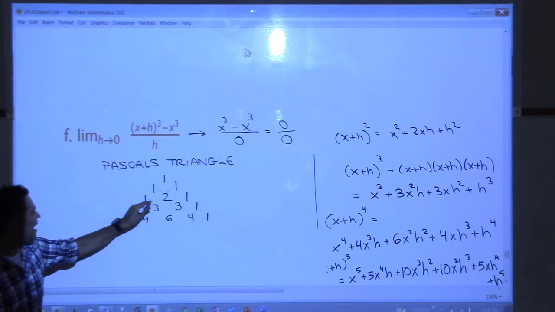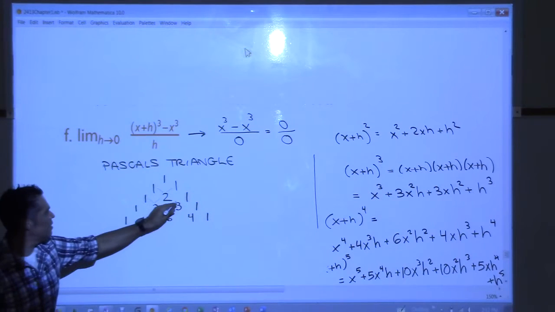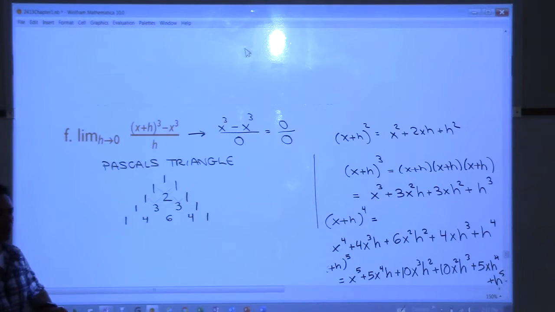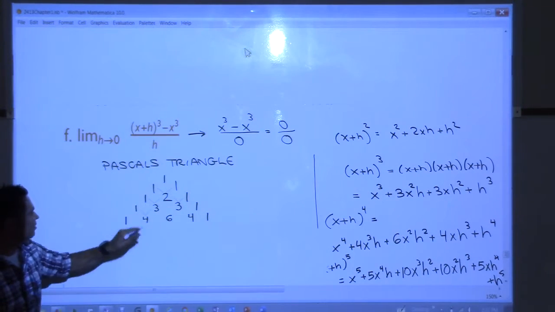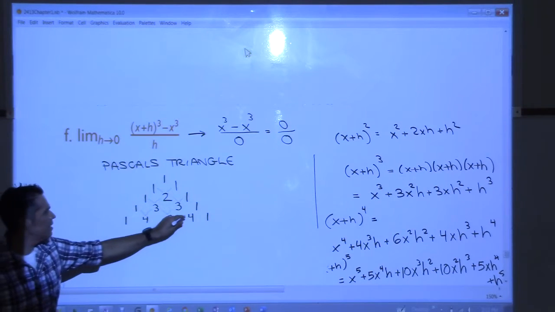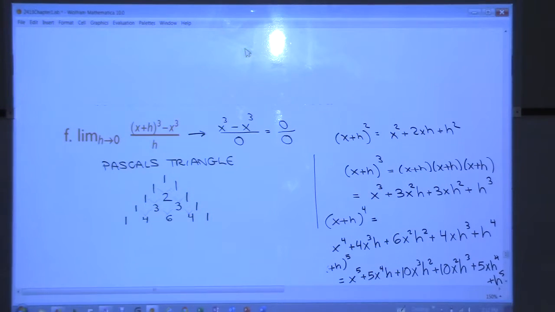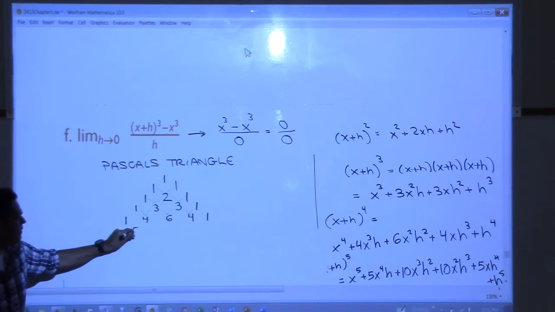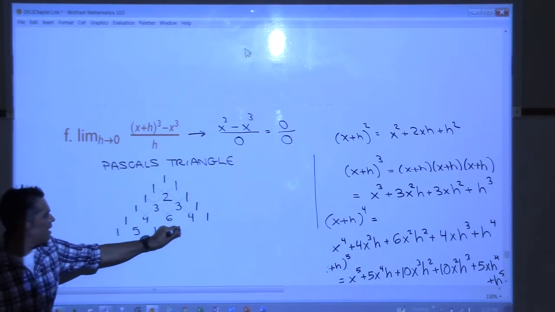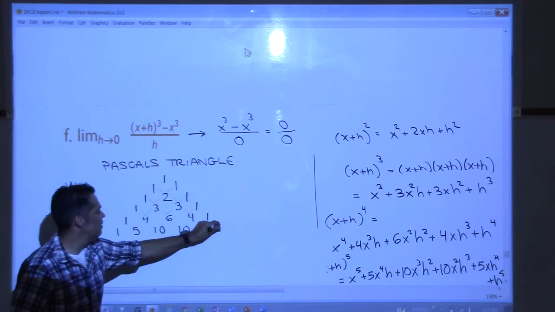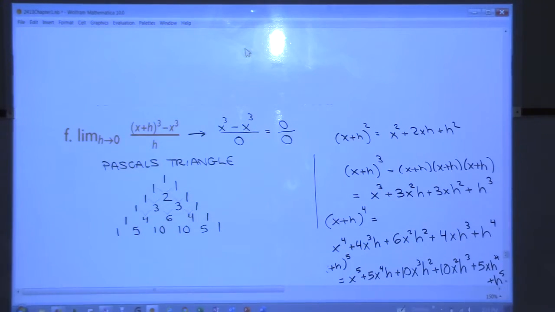This 3 comes from adding the 1 and the 2. This 3 comes from adding the 2 and the 1. This 4 comes from the 1 and the 3. 6 comes from 3 and 3. 4 comes from 3 and 1. Do you all see that? What would my next row be? 1, 5, 10, 10, 5, 1. This is called Pascal's triangle.